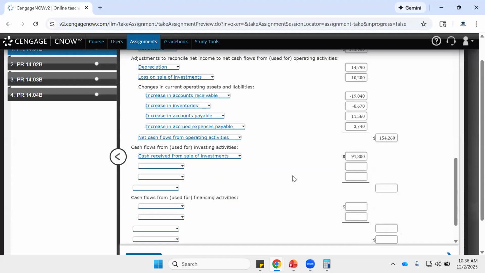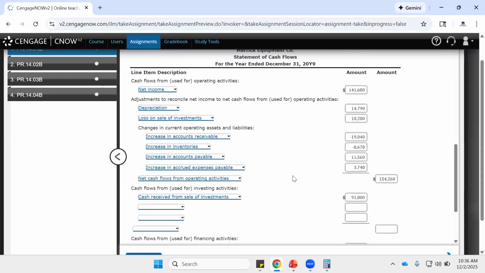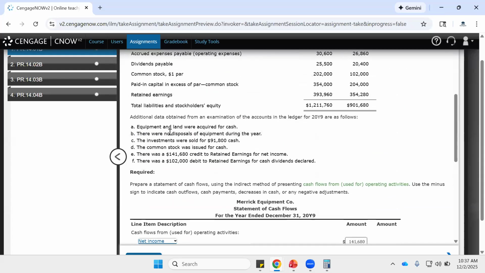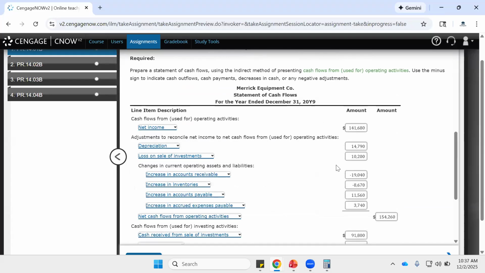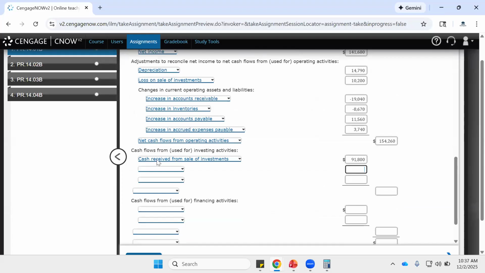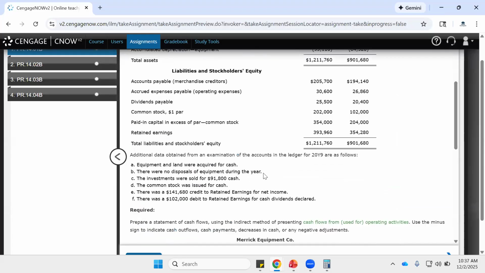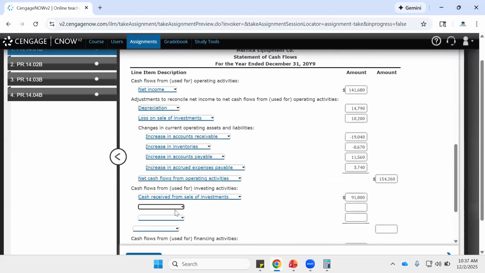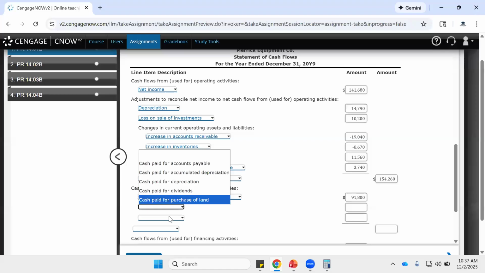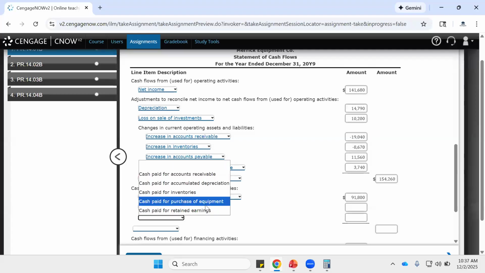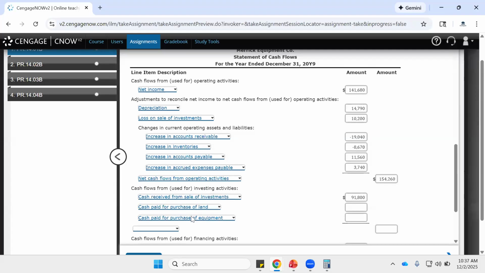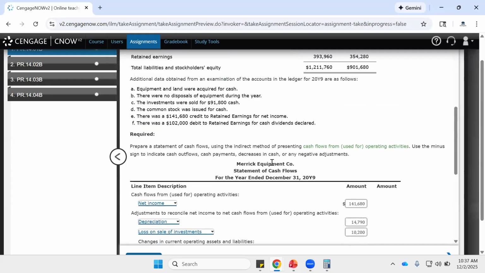Now we have to go on to the investing portion. Equipment and land were acquired for cash. That means it was a cash outflow, and so we need to show that on our investing portion. We purchased land and purchased equipment, so we have cash paid for purchases of land and cash paid for purchases of equipment.